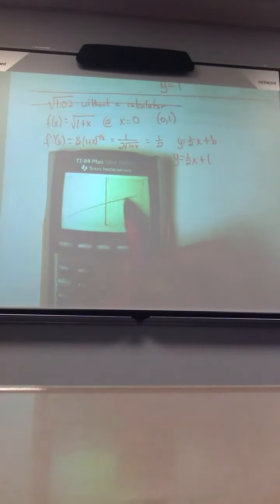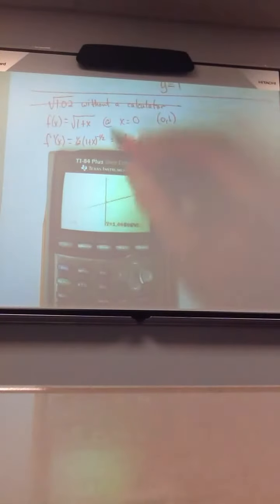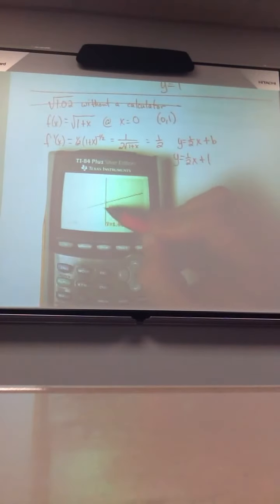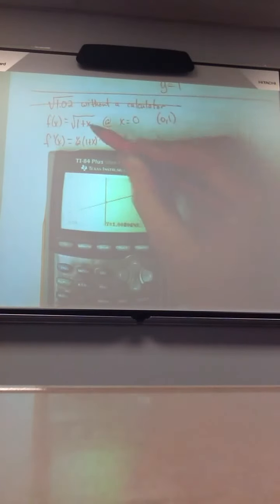Right? So if I know the equation of that line, I'm plugging in for x. If I'm only 0.02 off, like if I plug in x is 0, it's that. But now if I wanted 1.02, that'd be like plugging in 0.02 for x.